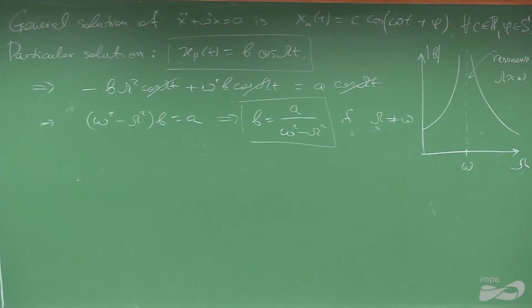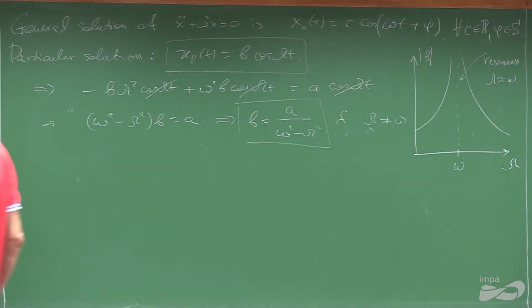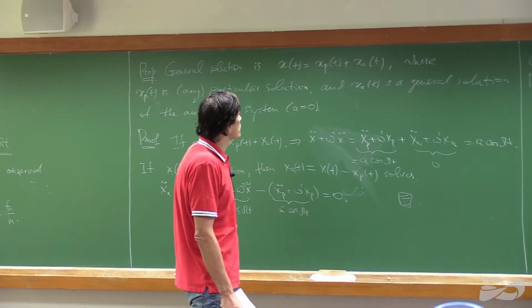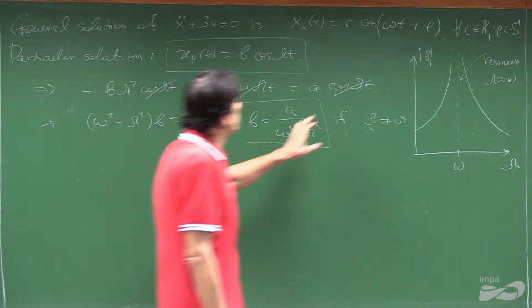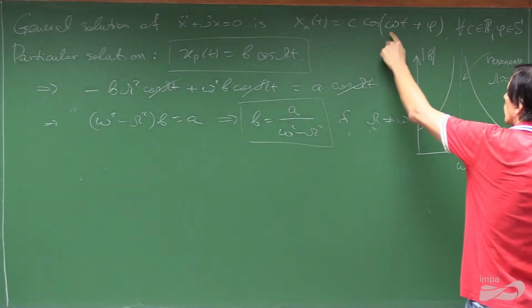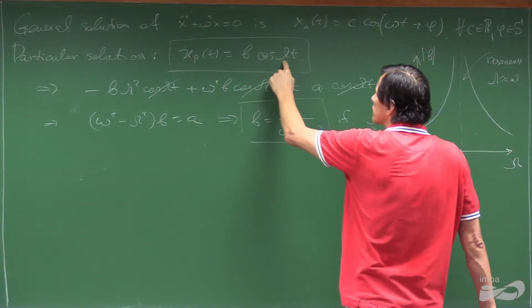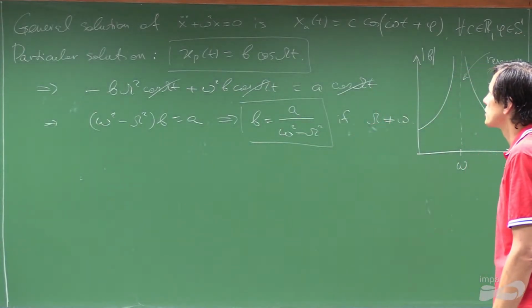So what we see, if you force an oscillator, it has two pieces of the solution. One piece is just its usual oscillations with its proper frequency, small omega. And the second part which you add is the oscillations with the frequency of the forcing.